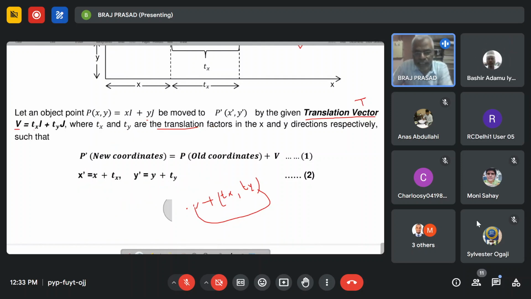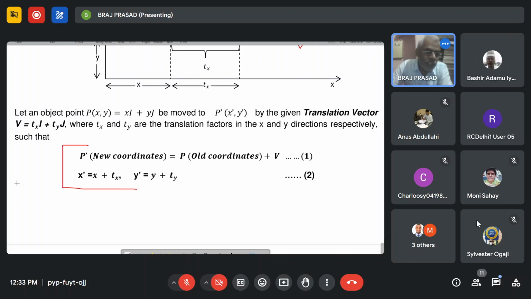This is the concept for a single point. But if we want to move a rectangle, which is a combination of multiple coordinates, for that we will convert all these mathematical concepts into matrix form.